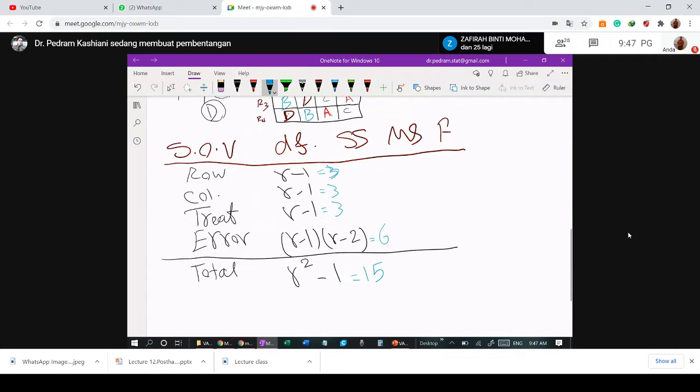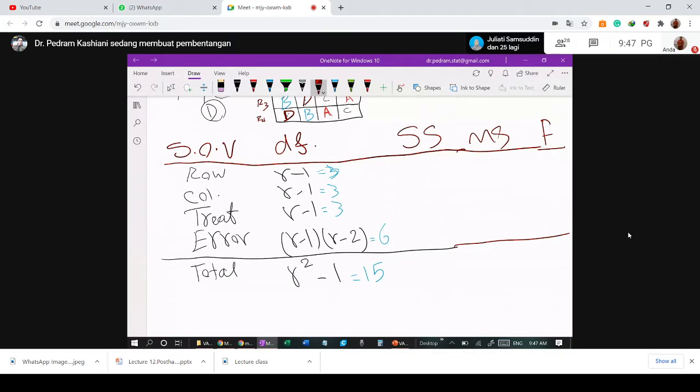Then I calculate my SS and MS. I write this part again because there is no space. Okay, this is the F. Let's say I write my SS here, MS and F. So I will calculate SS for row, SS for column, SS for treatment, and SS for error.